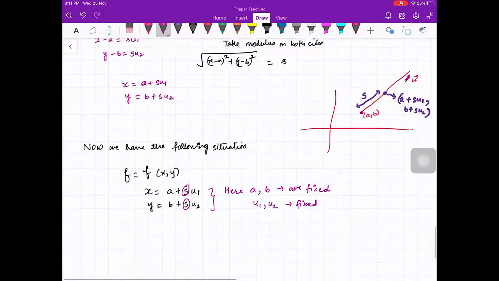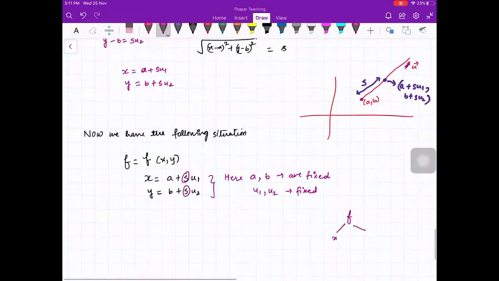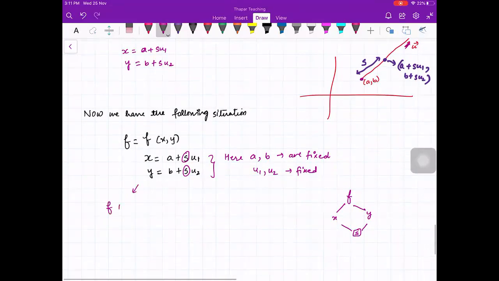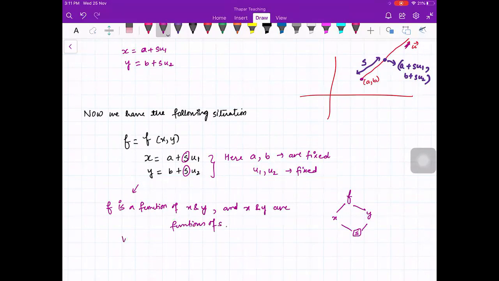So f is a function of x and y, and x and y both are functions of s. By definition, we are interested in the rate of change of f when you move in this direction.